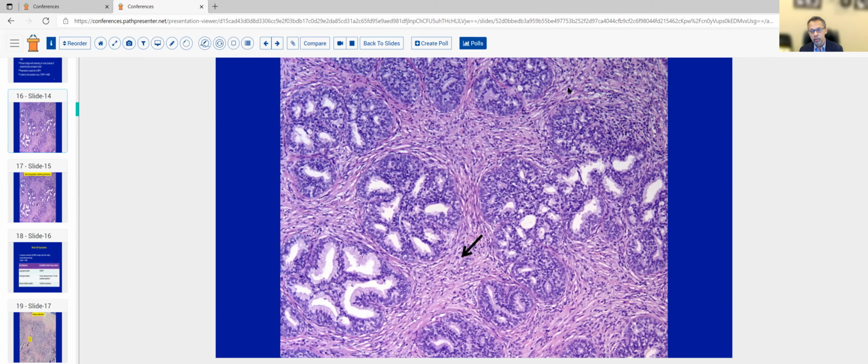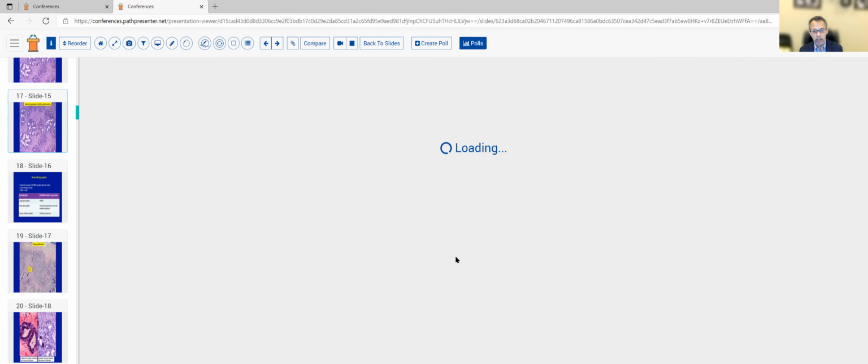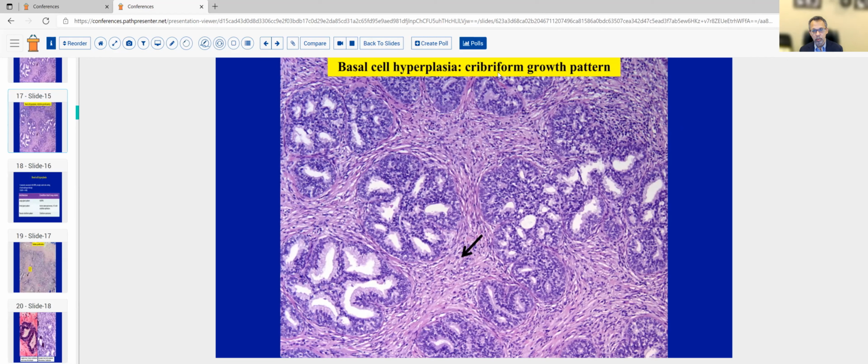Another very helpful feature to note is this: look at this presence of very cellular spindly stroma as seen here. So this is a pretty characteristic stroma that you encounter in benign prostatic hyperplasia. Those two features in combination are pretty characteristic of basal cell hyperplasia, which rarely can present with a very prominent cribriform architecture.